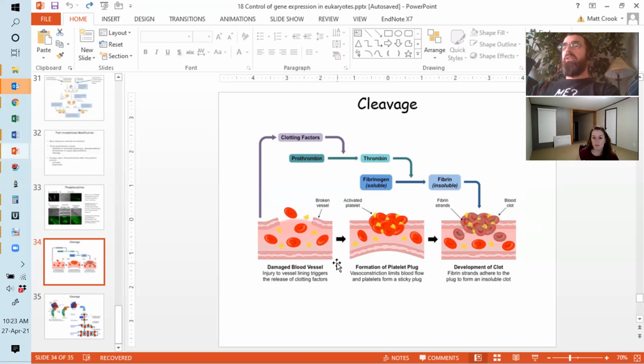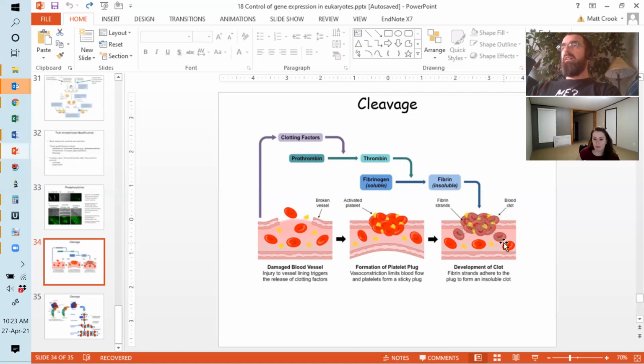that triggers the release of what are called clotting factors. And those do two things. One, they cause the blood vessel to constrict, right, which slows down blood flow and reduces blood loss. And two, it activates platelets. And so platelets are just proteins that hang around in your blood and then are able to stick blood vessels together.